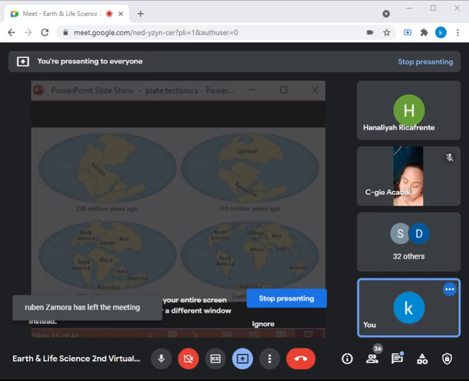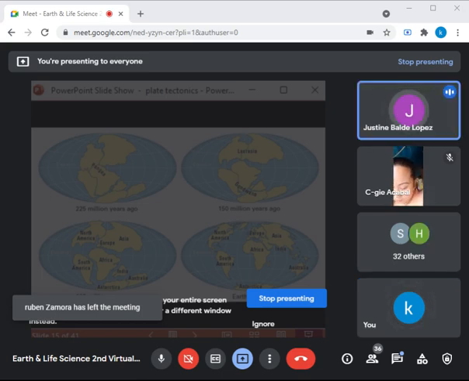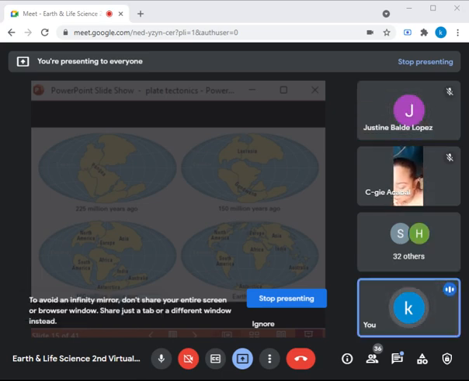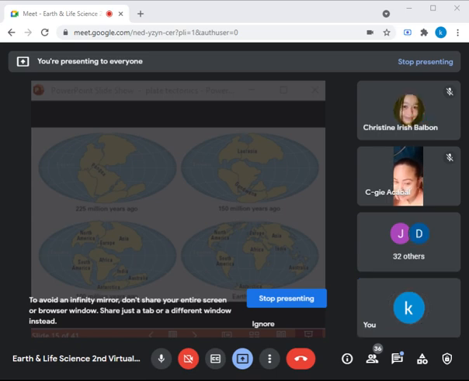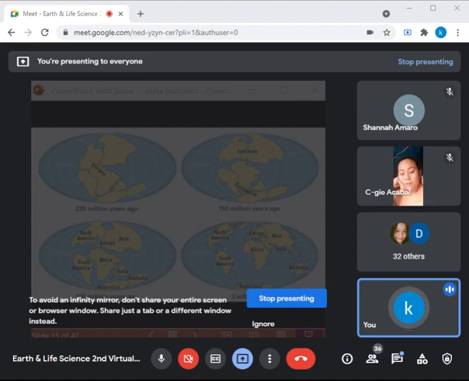Ngano siya ni drift or volcanic eruption? Sige, okay. Sakto pud siya, no? It has something to do with the heat, the molten rock that is inside the earth. Alright, sige, atong lang tawon nga nung ni-move ang mga continents away from each other.